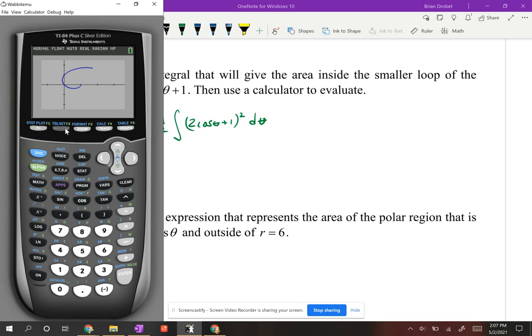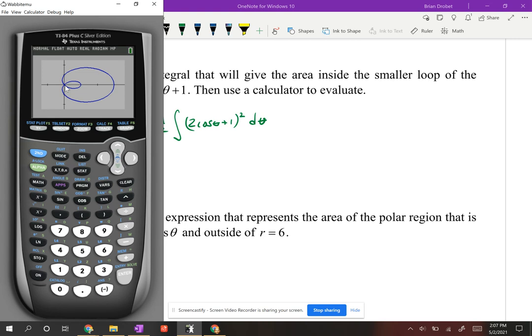But what I want you to notice here is that the defining angles that start that inner loop and end that inner loop happen at the pole, they happen at the origin.